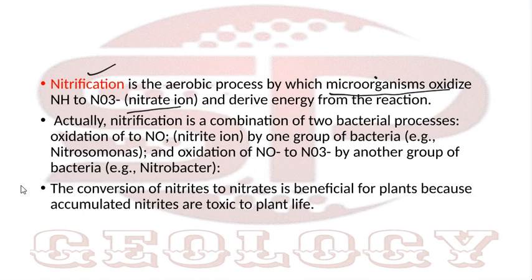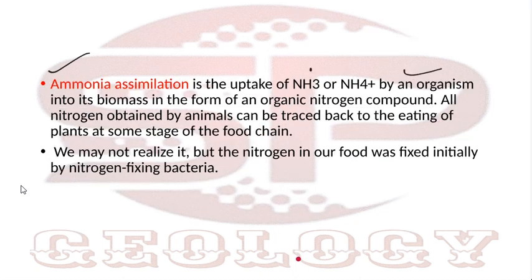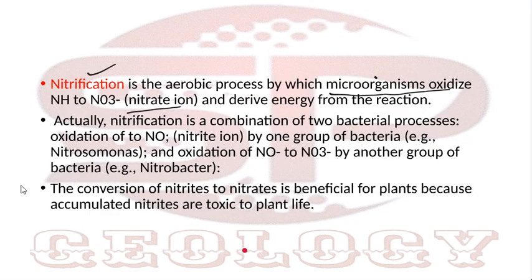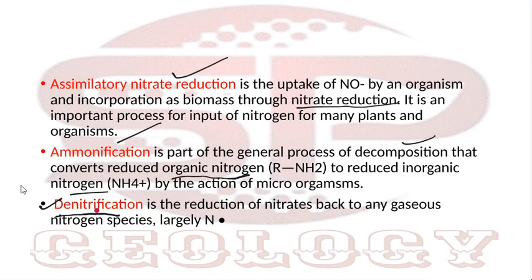So this is the process that brings nitrogen to the Earth's surface, and these are the intermediate processes by which it circles through the Earth, and denitrification is the process by which it goes back to the atmosphere.